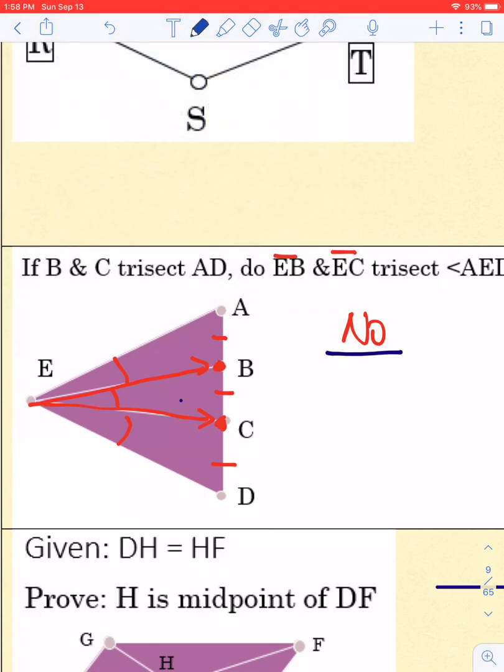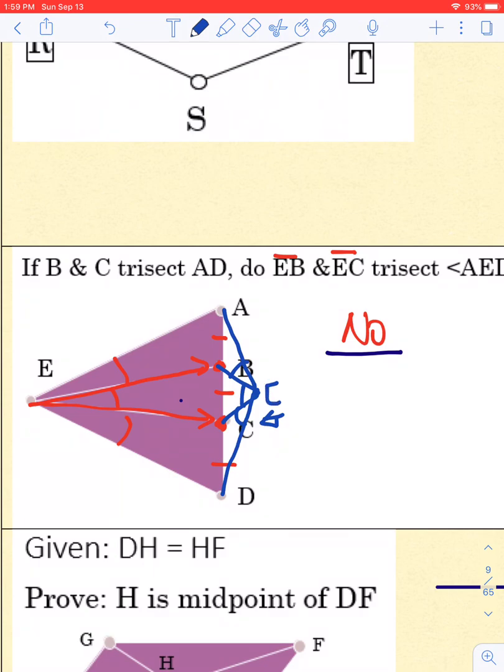Let's move E really close, like right there. Now we can see, without moving B and C, this angle here is quite acute, and this angle on this side is quite acute. But notice this angle here, though it is acute, it is not as narrow. And the further I drag E to that line, the more obtuse that angle is going to get.